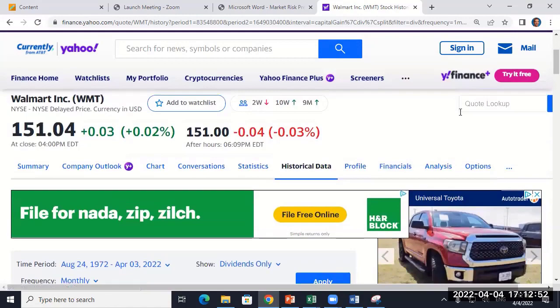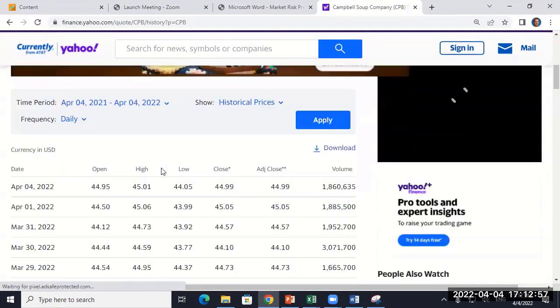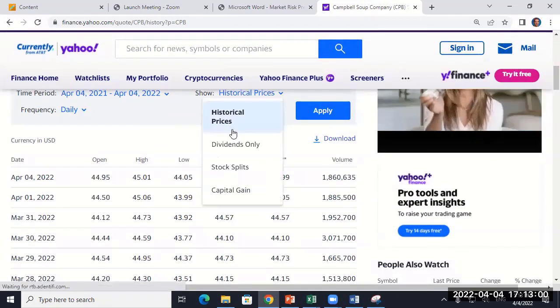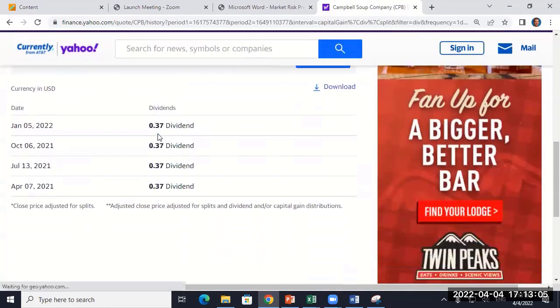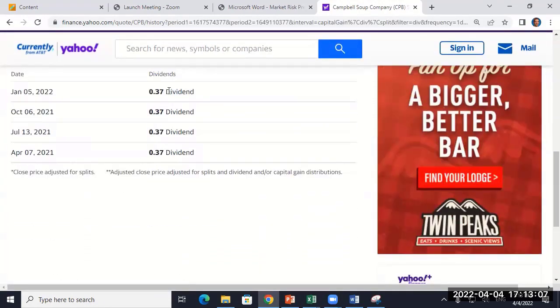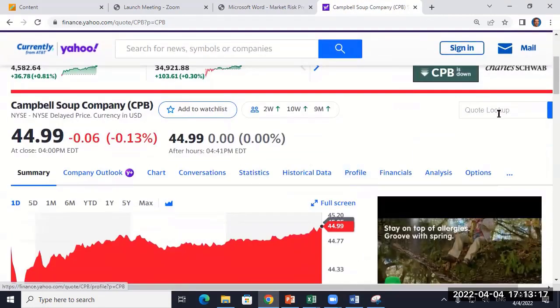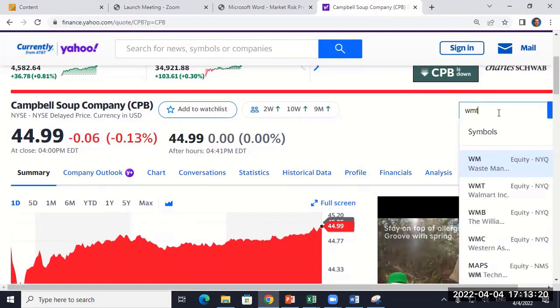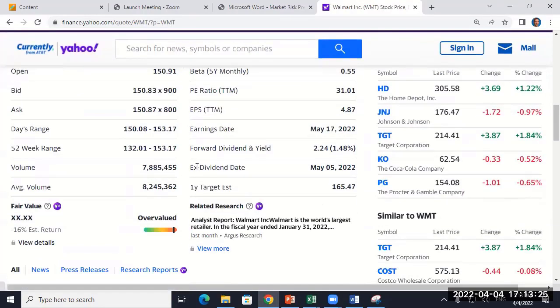If we're doing Campbell's Soup, pretty easy, right? Just add those up. Now, Yahoo Finance used to provide that number, and then someone at Yahoo Finance, I don't know why, decided to do this for dividend yield.